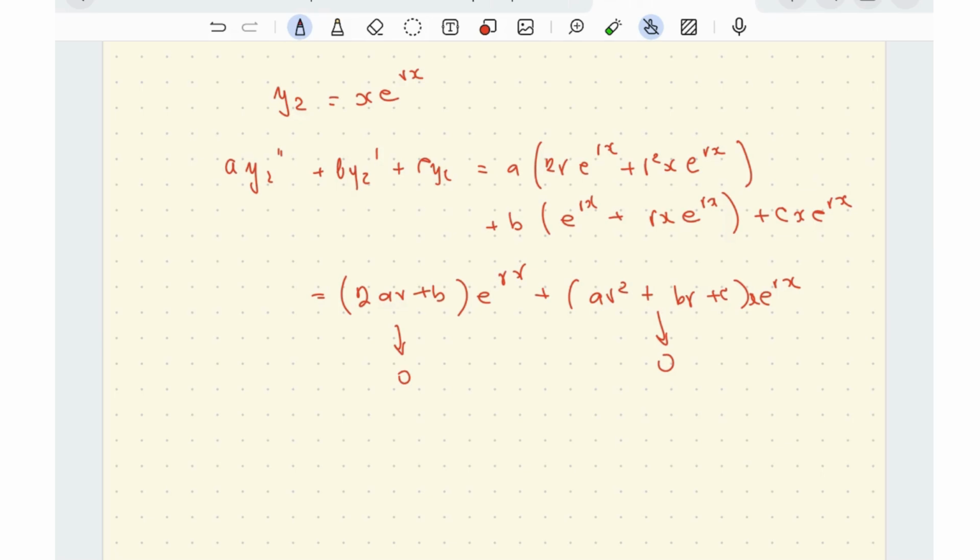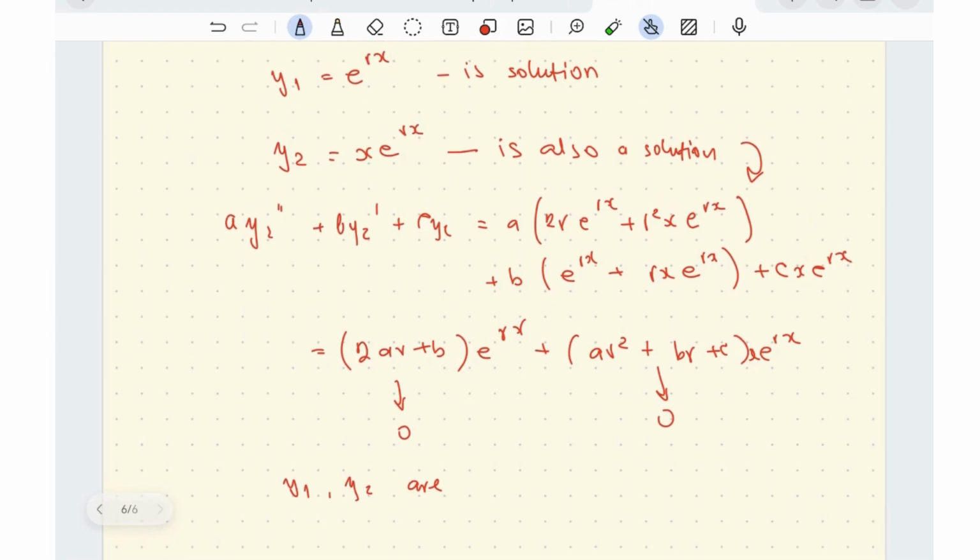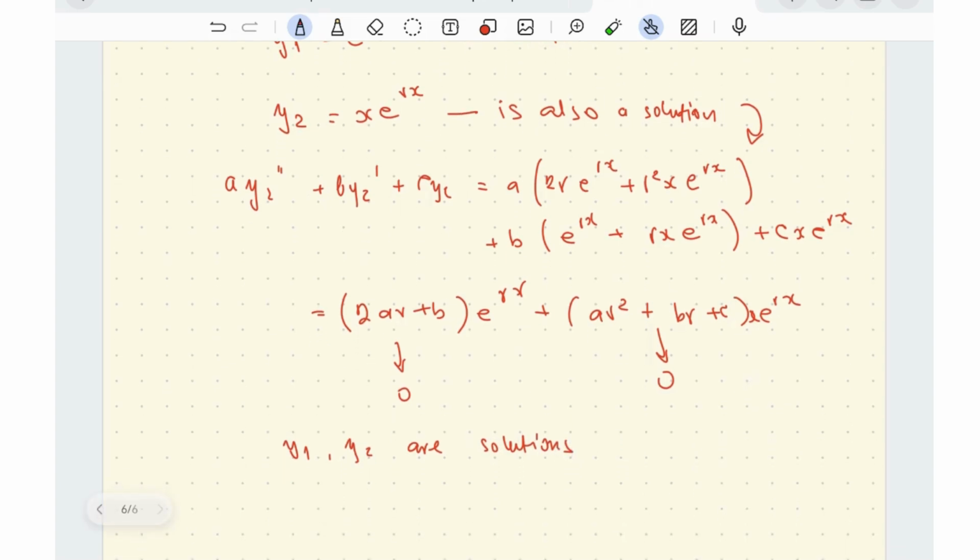Okay, and we also see that y1, y2 are linearly independent. So this implies that y2 is also a solution. We just saw that. So y1, y2 are solutions, and they are linearly independent.